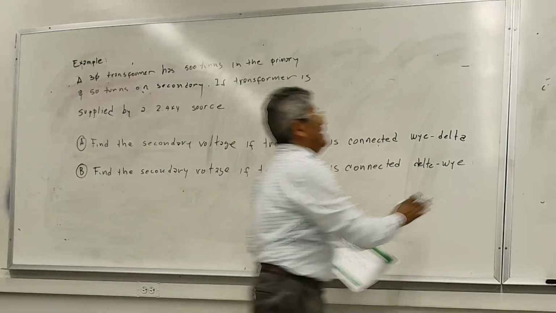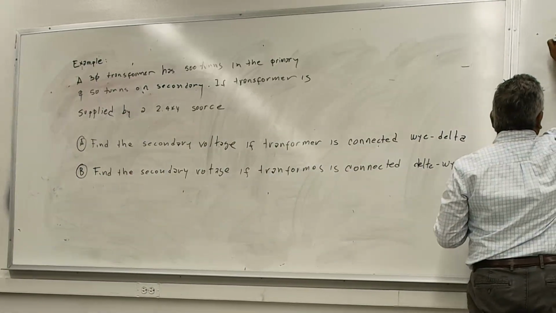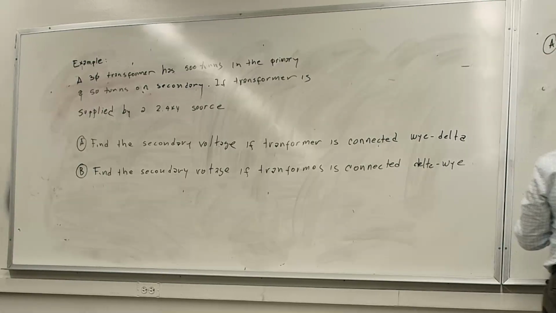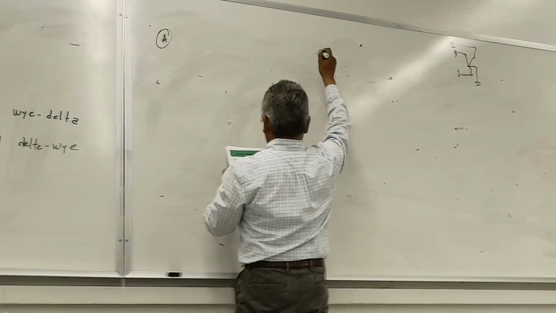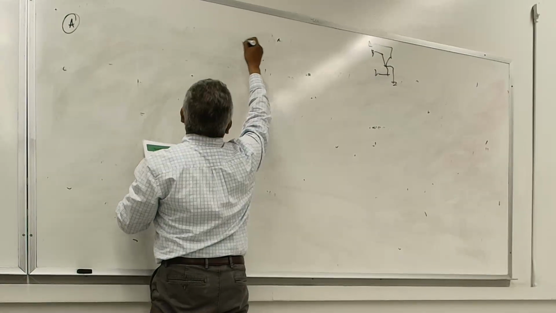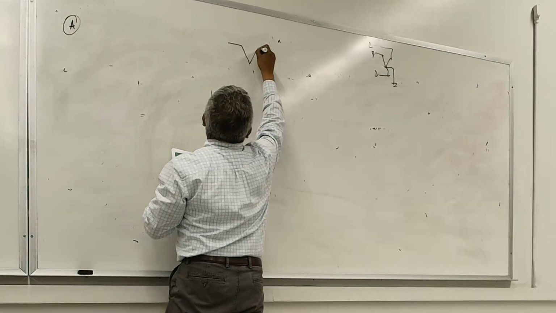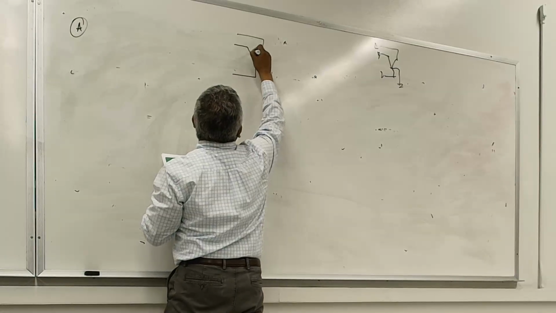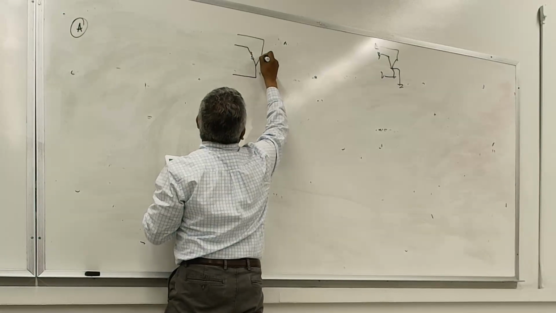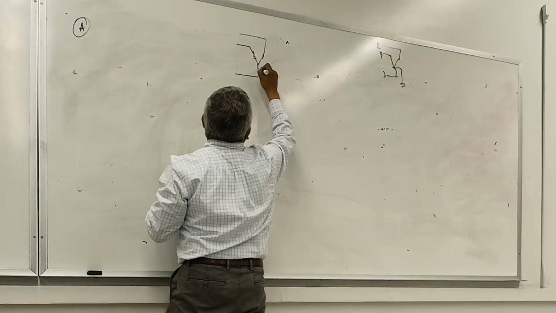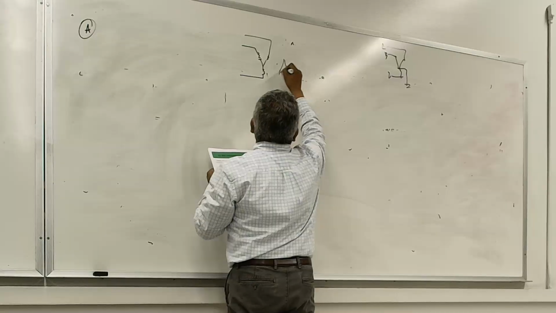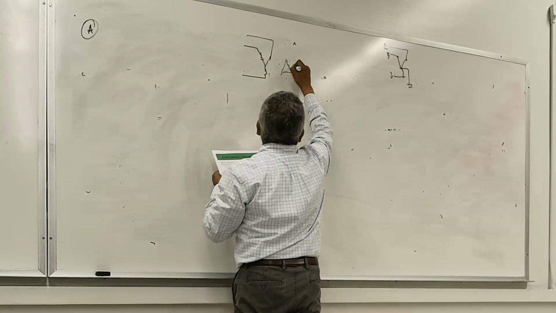So let's start with A. Once again, they're telling us that we're going to connect it like this: Y primary winding, and then coupled with the secondary winding like this.